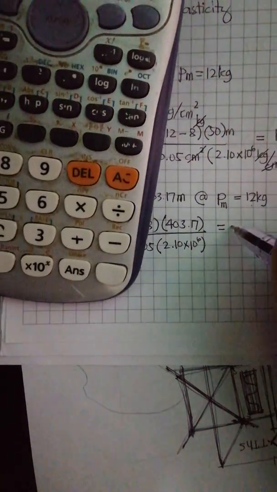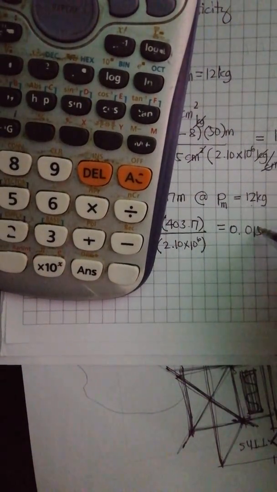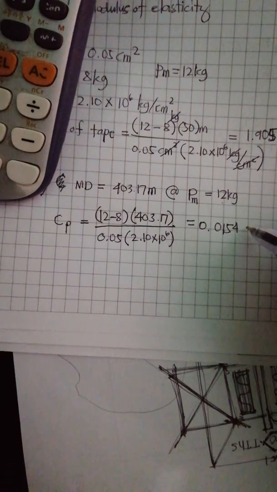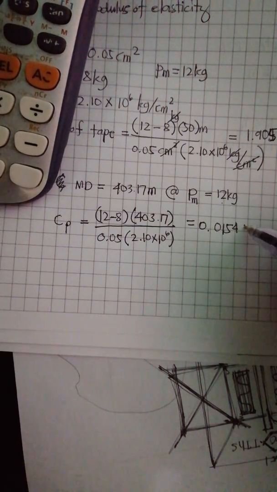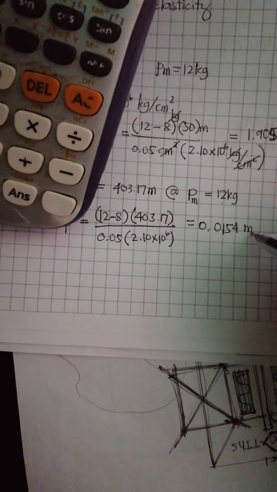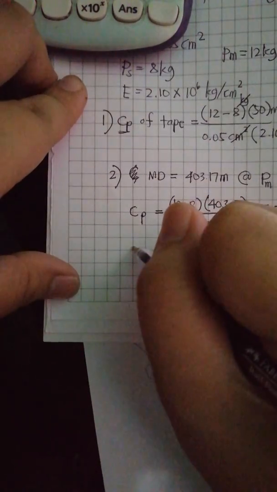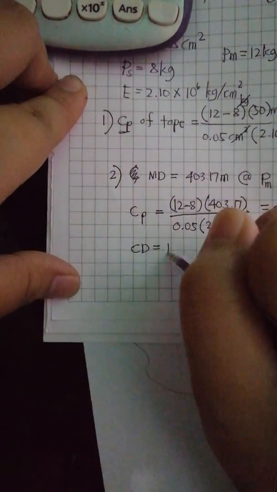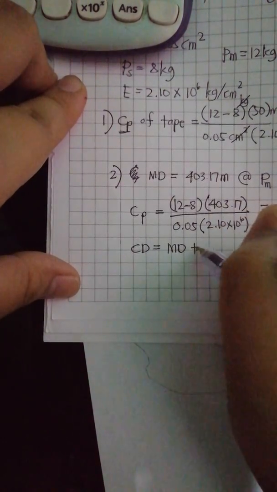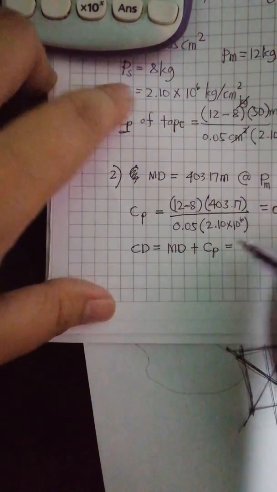Okay. So, 0.0154. This is in meters. Okay, tama ba yan? So, therefore, correct distance is equal to measured distance plus correction due to pull.